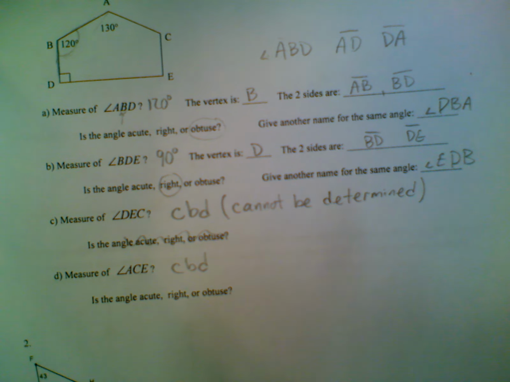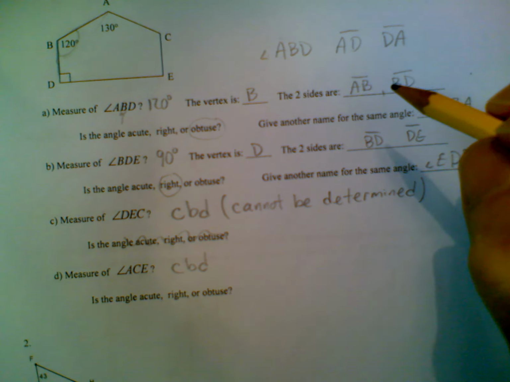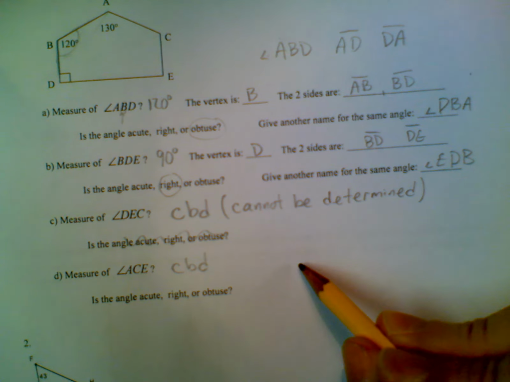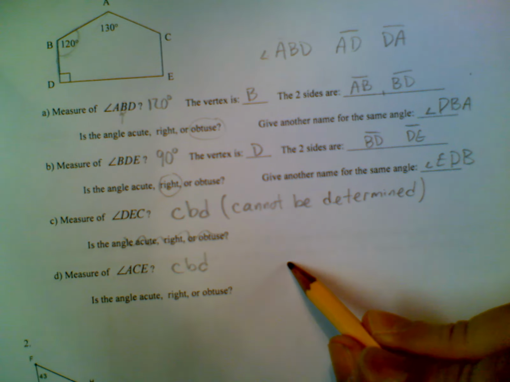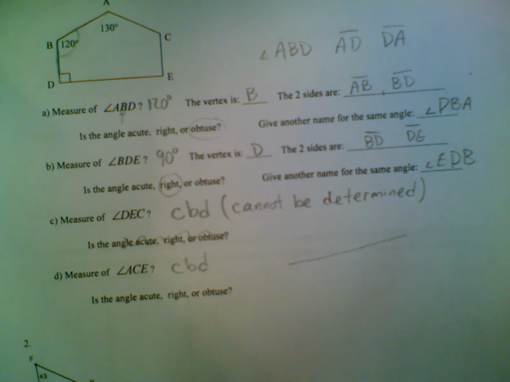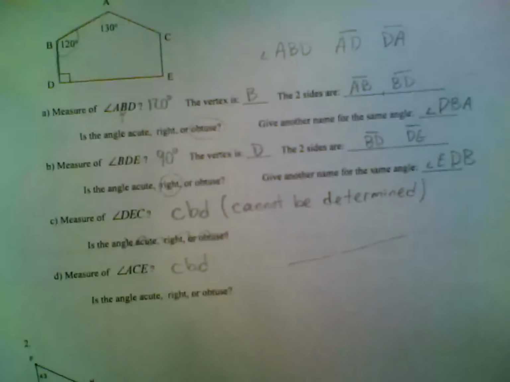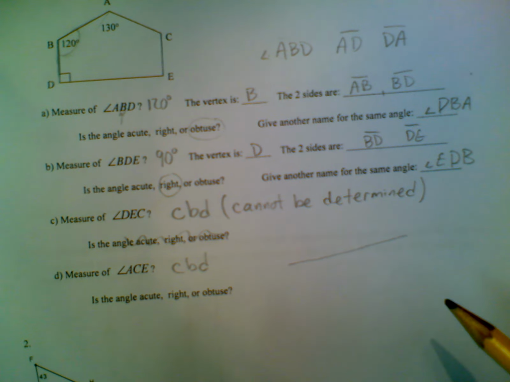Here's what we are allowed to assume in geometry, and this may seem a little crazy to you, but we are allowed to assume that lines that are drawn to appear straight truly are straight. Okay? We are allowed to assume that.